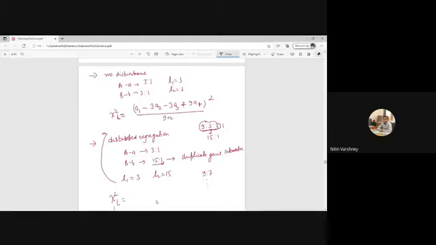One is Mendelian genetics, one is population genetics, and one is advanced genetics. So we have completed our first part, that is Mendelian genetics. I hope you guys understand something. Is there any doubt? Okay, then we will move to the.